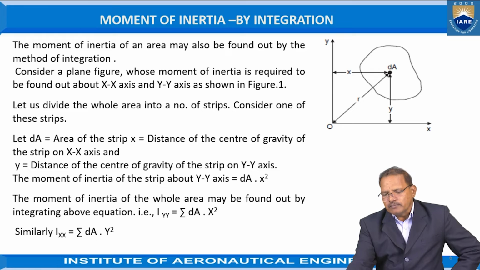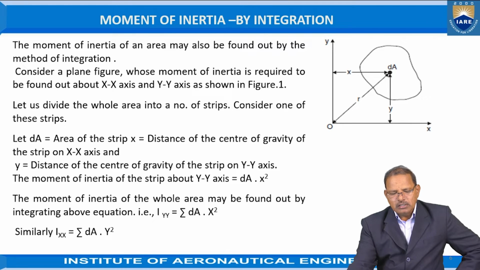This applies to a plane area that may or may not be regular. For all bodies, the integration method is generally applicable. Here we are considering a plane figure with area dA and coordinates x and y with respect to the xy coordinate plane as shown in the figure.